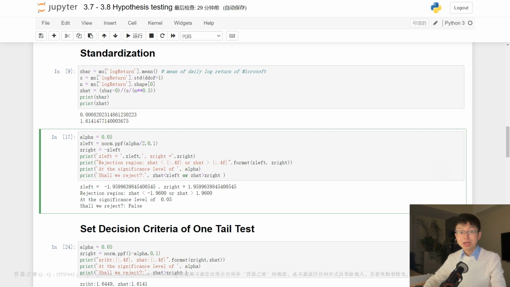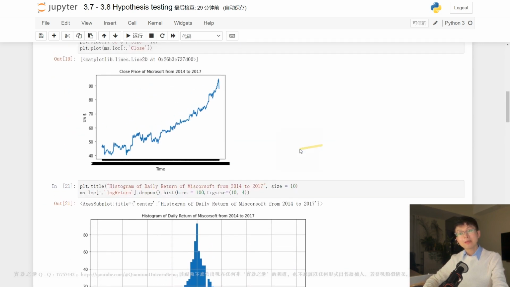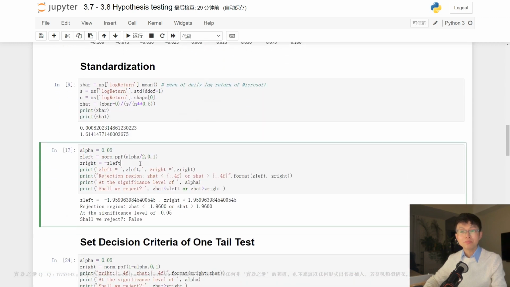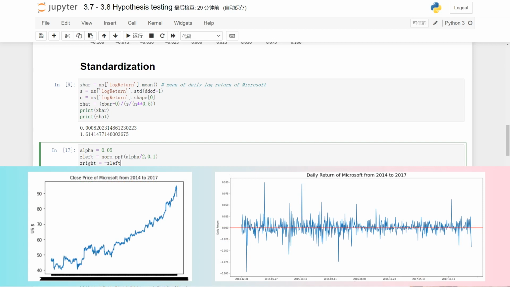Well, this looks counterintuitive, right? The stock price has increased roughly from $50 to $90, but the mean of the log daily return is 0. Well, actually, the mean daily return being 0 does not mean that the stock price cannot increase. Daily returns refer to the percentage change in stock price from one day to the next.